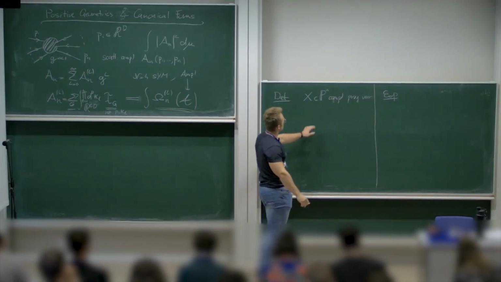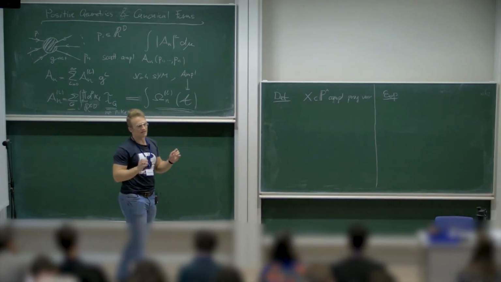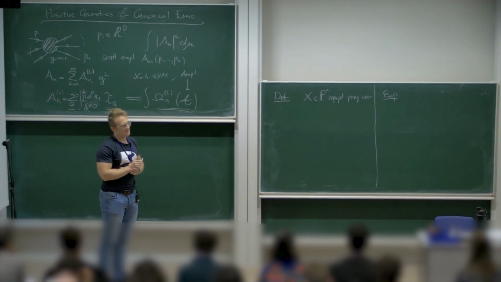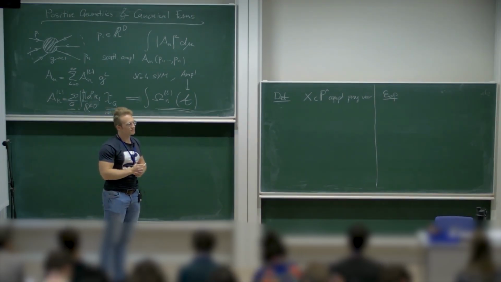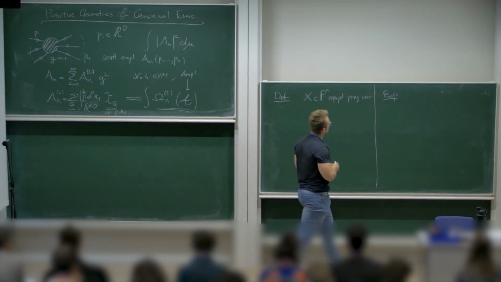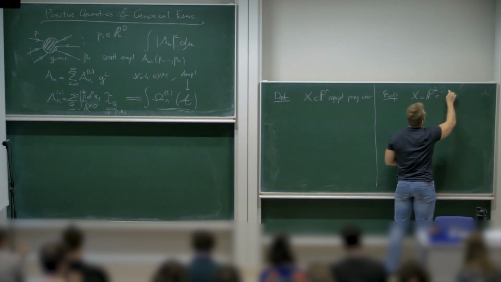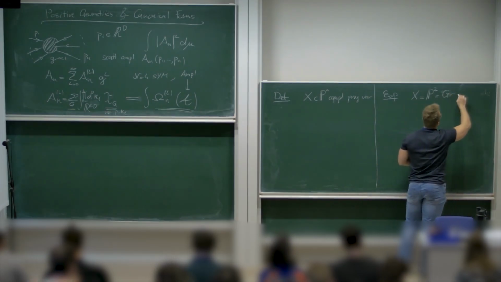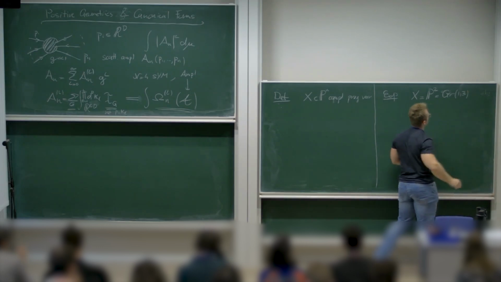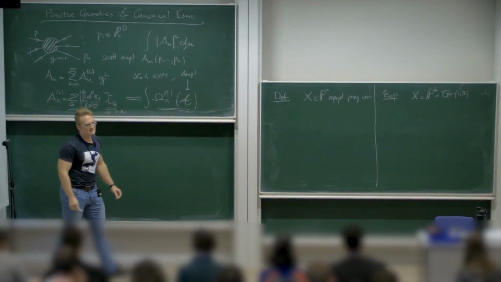You can think locally it lives in some complex space, C to the n, and it's cut out by the vanishing of equations, particularly homogeneous equations. So my example is going to be the complex projective space of dimension 2, which, if you go back to the definition of Francesca, is the Grassmannian Gr(1,3), the space of lines in C^3.